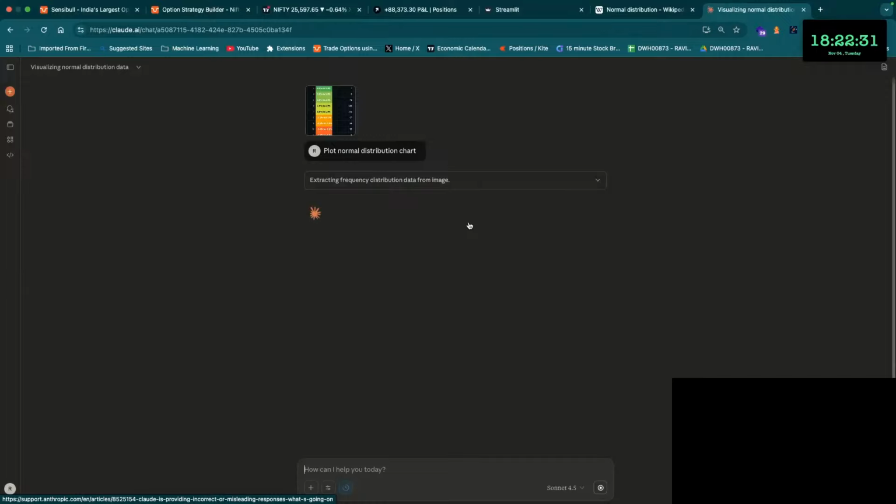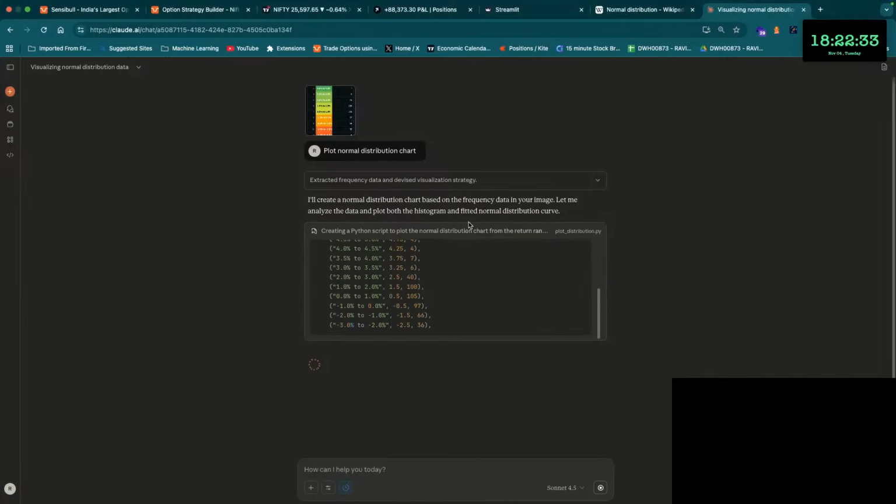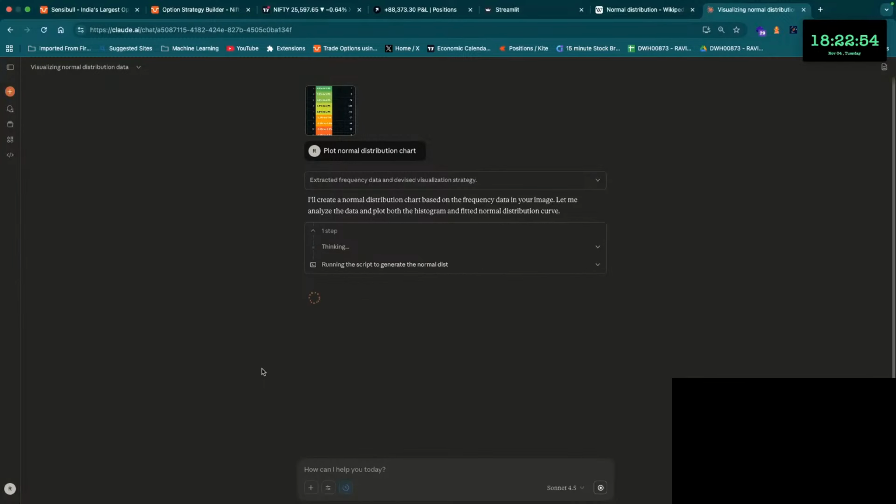So I'm also showing how you can use Claude effectively. I have a pro license for this, so maybe it would be a little faster compared to the free license. Be patient, it will complete.